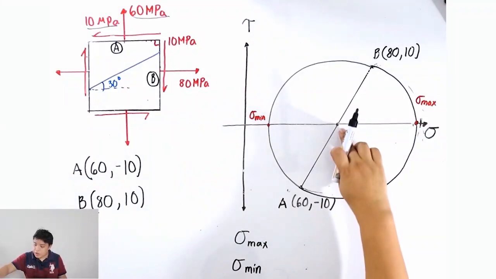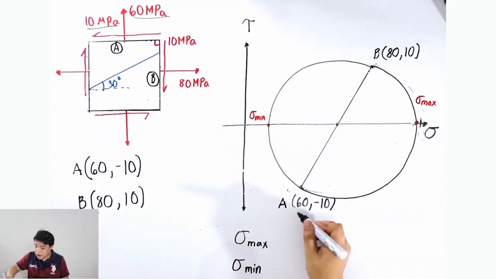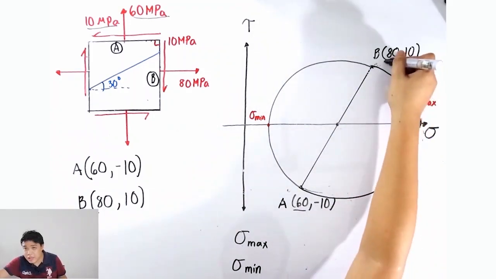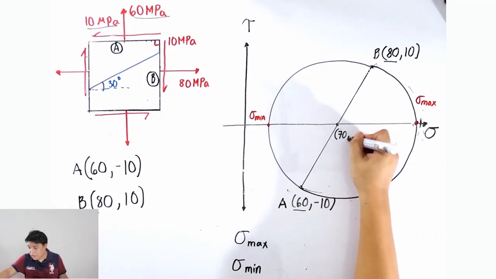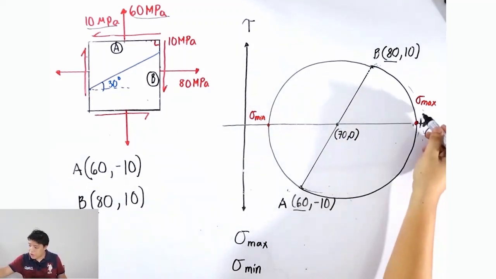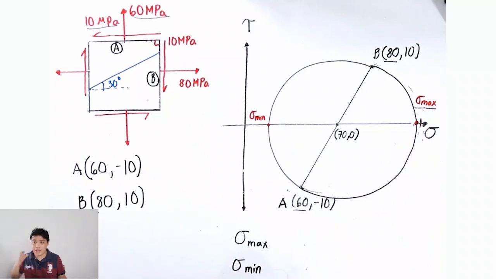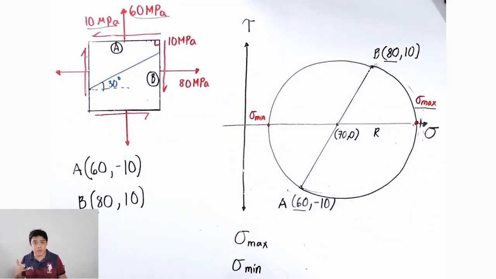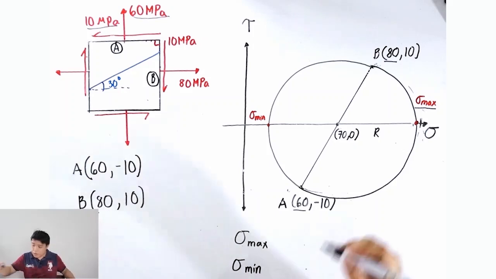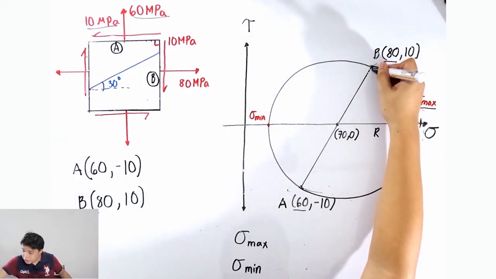Let us get it using conventional geometry. To determine the coordinate of the center, you just take the average of 60 and 80, which is equal to 70. This is 70, 0. To get the value of sigma max, you just add the length of the radius. Geometrically, you can construct a right triangle like this one.